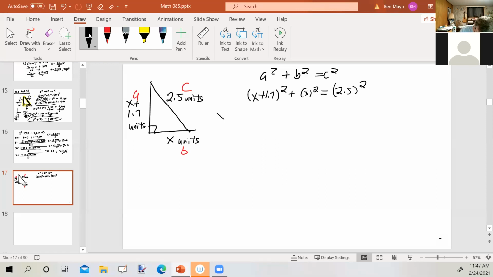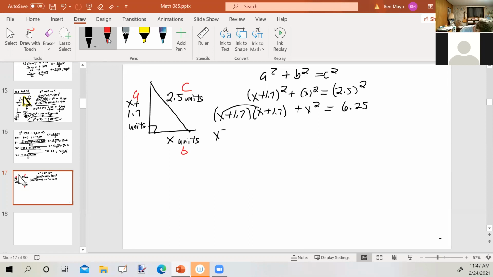So I get x plus 1.7 times x plus 1.7 plus x squared equals 6.25. 2.5 times 2.5 comes out to 6.25.